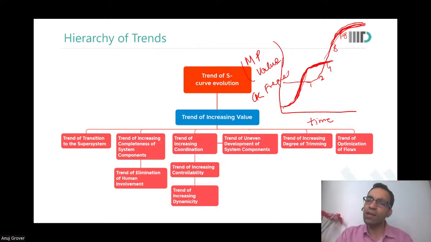Now we start to look at other parameters of value. So what it essentially says is that any parameter of value, as it evolves over time, will soon become a commodity. Before it becomes a commodity, you have to identify the next parameter of value where you should innovate and focus.